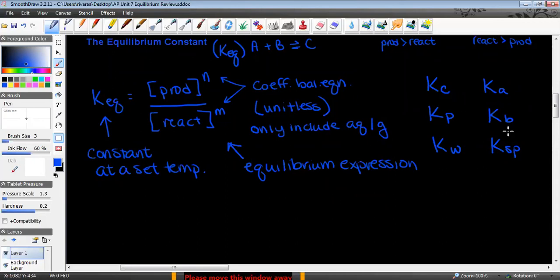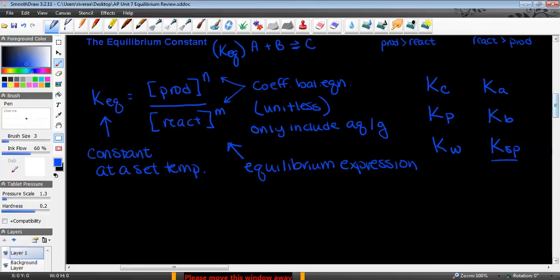When you're writing Kas or Kbs for acids and bases, don't include the liquid water. When you're writing Ksp for the solubility of a solid, don't include the solid in your equilibrium expression. We spent so much time on acid and base problems that were always a 1-to-1-to-1 mole ratio, because we were working with monoprotic acids. Oftentimes you're going to have exponents up here, so don't forget about the exponents, especially in Ksp expressions.